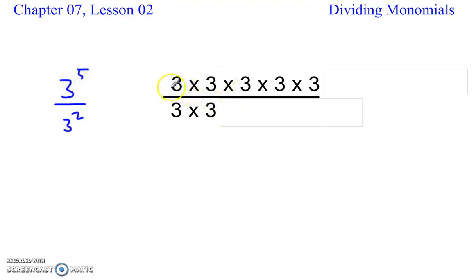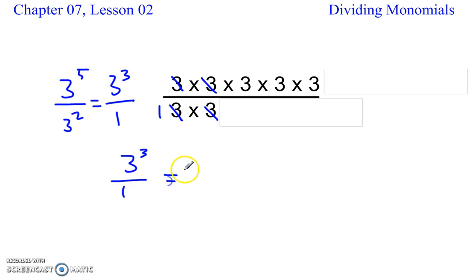What can I cancel out? Again, I can cancel out these 3's. I'm left with 3 factors of 3 on top, so 3 to the third power over 1. And 3 to the third power is 27 over 1, which is 27.